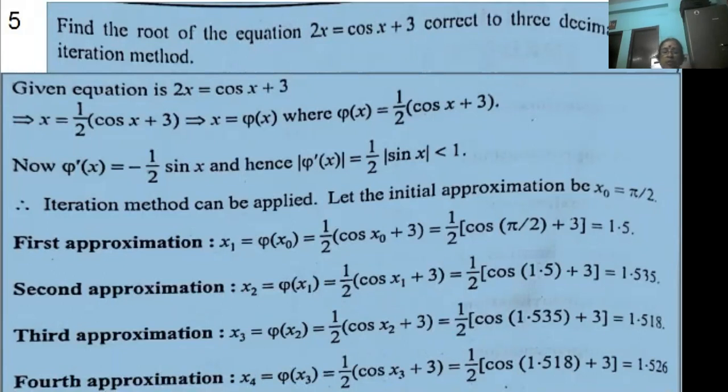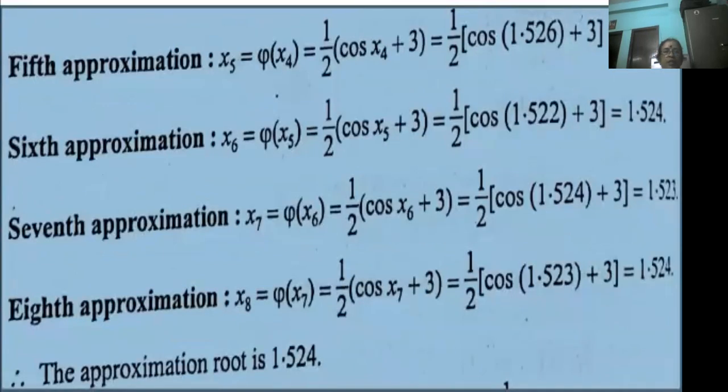Next, the fourth approximation x4 is given by phi at x3, equal to 1 by 2 times cos x3 plus 3, that is 1 by 2 into cos of 1.518 plus 3, which becomes equal to 1.526. Next, the fifth approximation is given by phi at x4, 1 by 2 into cos of 1.526 plus 3, that is equal to 1.522.